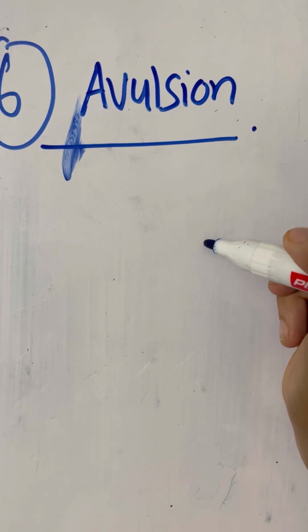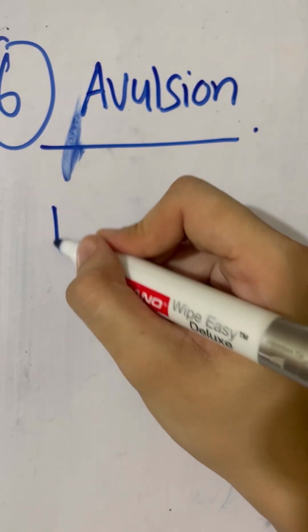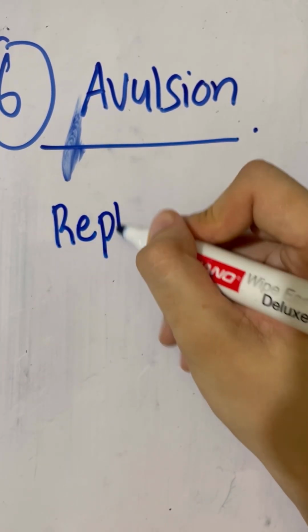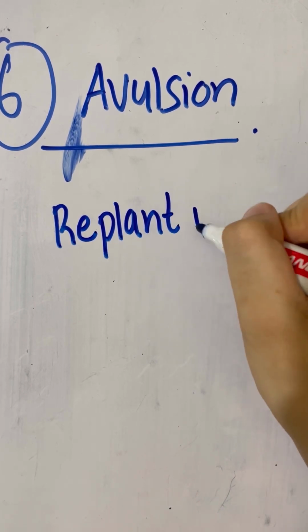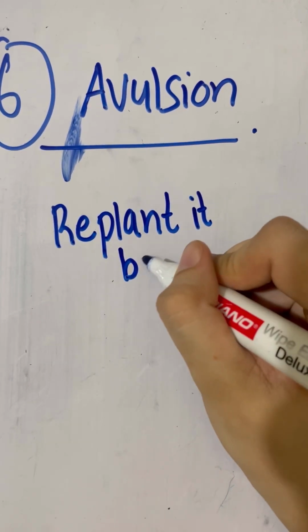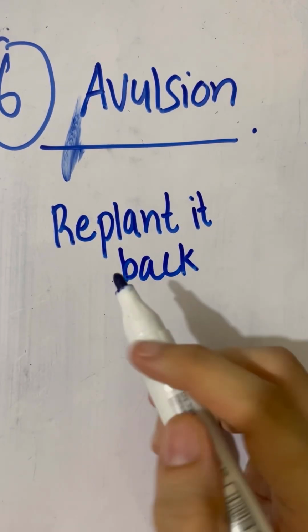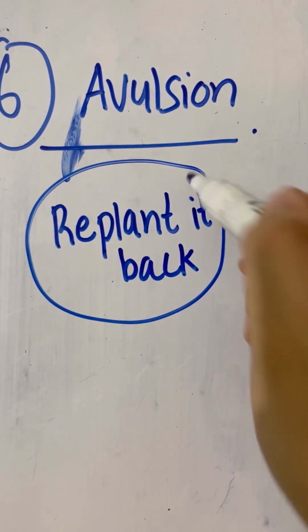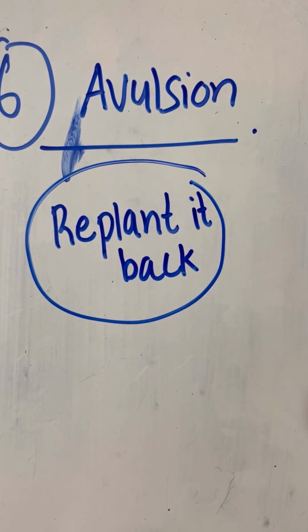So when a tooth is out of the socket, you cannot replant it back. But this is only for primary teeth. If a primary tooth is avulsed, out of the socket, you cannot replant it. But if it is permanent, you can. So what will we do if we cannot replant? We will leave it. That's all about the injuries regarding primary teeth.